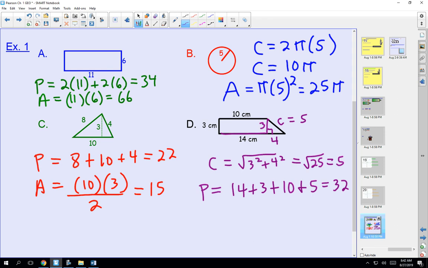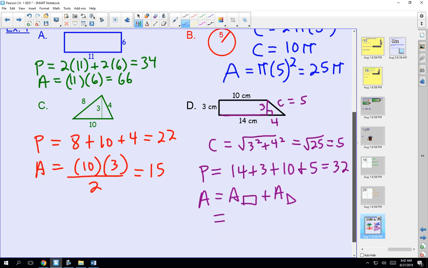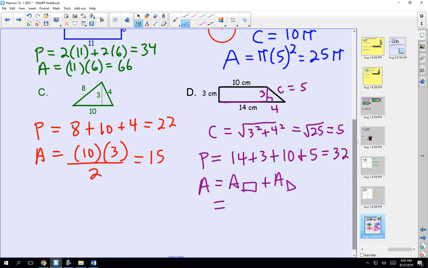And then the area will be a combination of the area of the rectangle plus the area of that right triangle that we made on the right-hand side of that trapezoid. So the area of the rectangle would be 10 times 3.